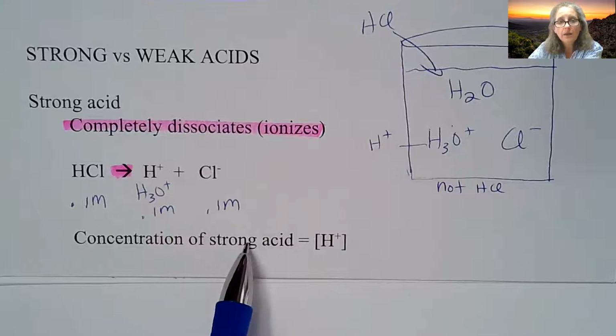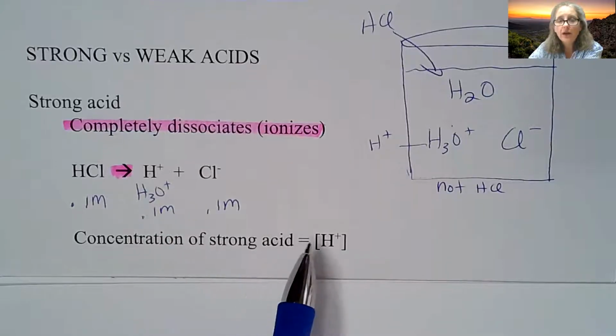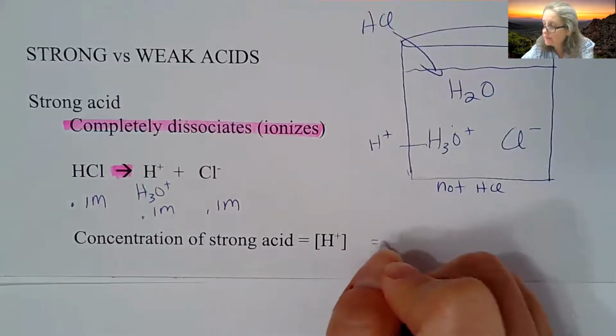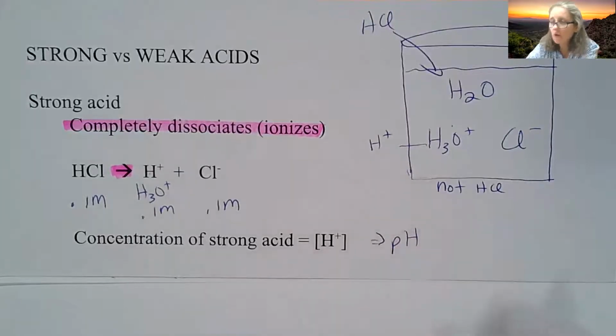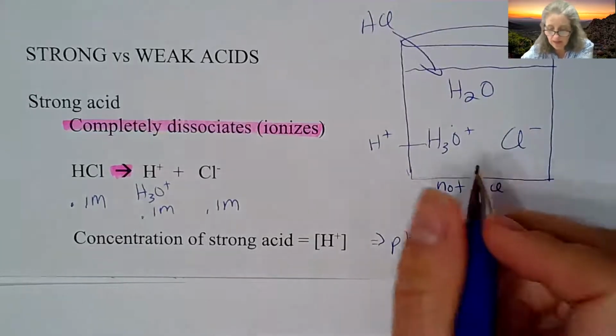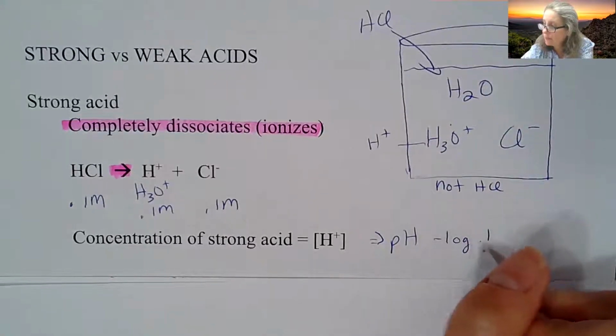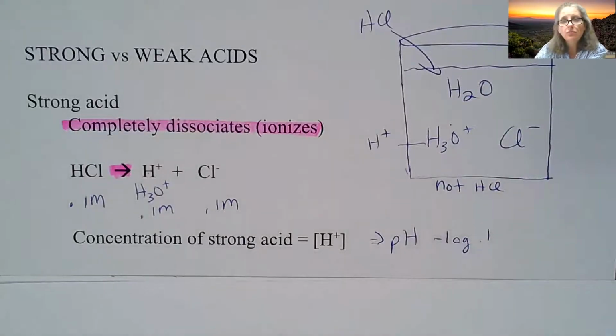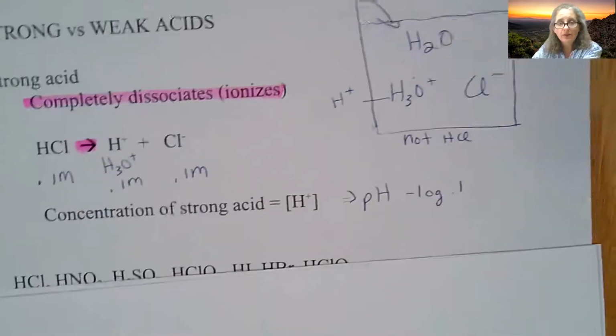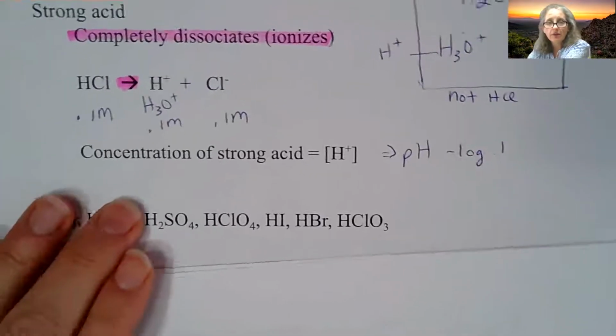So if I want to know the pH of my strong acid, all I have to do is take the negative log of my concentration, and I will then find my pH. So strong acids are very easy for pH calculations.